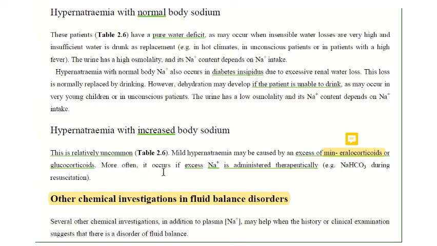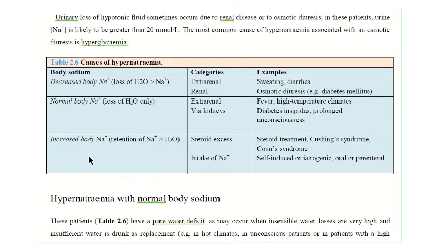More often, it occurs if excess sodium is administered therapeutically. مثال الصوديوم bicarbonate during resuscitation. وهنا أيضا في التيبل مذكور. فهذه الحالة الثالثة، وهنا increased body sodium، هنا retention of sodium أكثر من ال H2O. الكاتيجوريز أكو steroid excess كما في حالة الستيرويد treatment أو Cushing syndrome أو Conn's syndrome، أو intake of sodium self-induced or iatrogenic or parenteral.